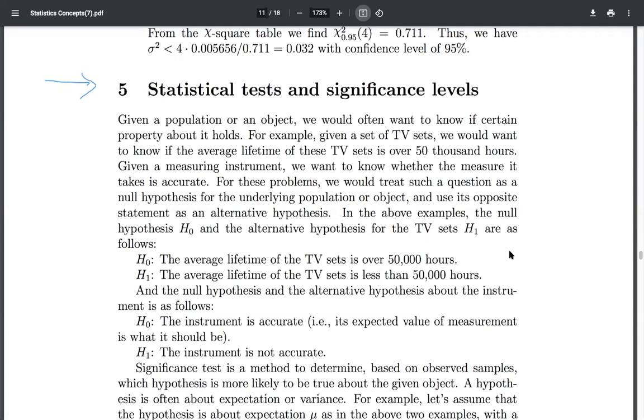In that case, we can use the estimate of the sample average and S squared. But then I want to know how good this estimate is.